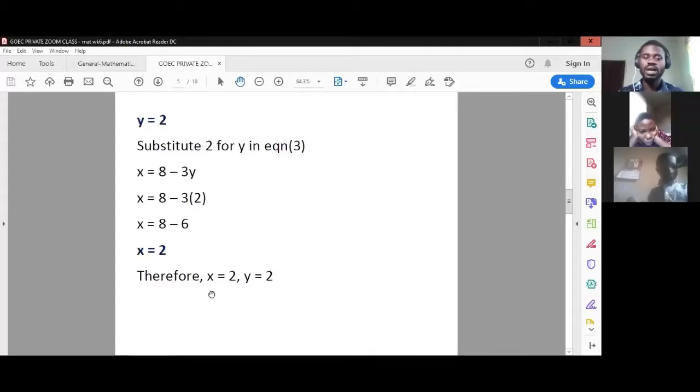Therefore, our answer is x equals 2, y equals 2, using the substitution method.